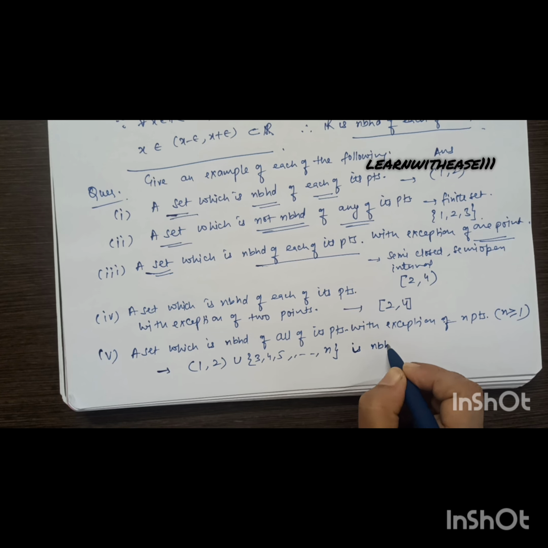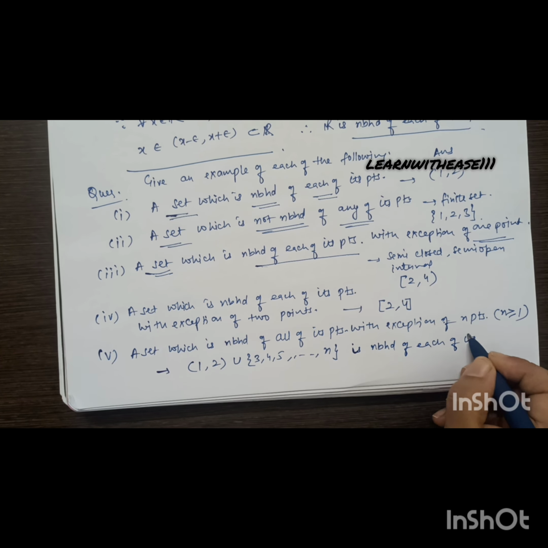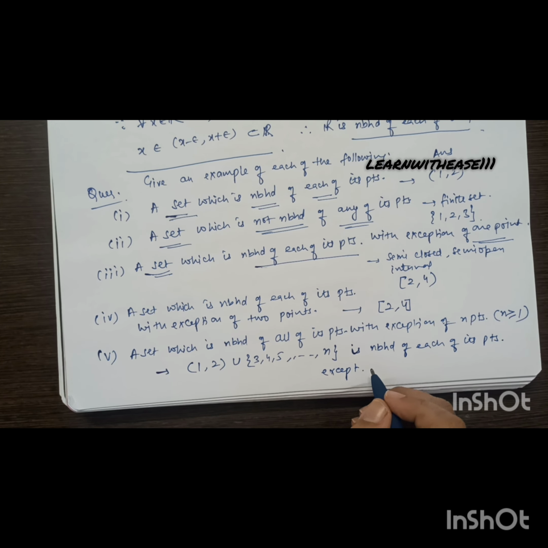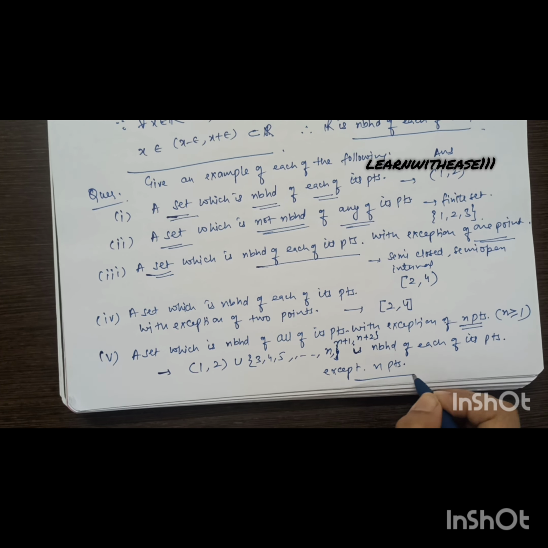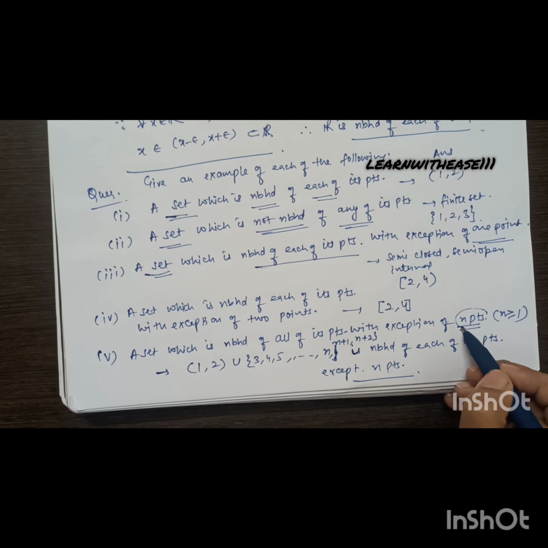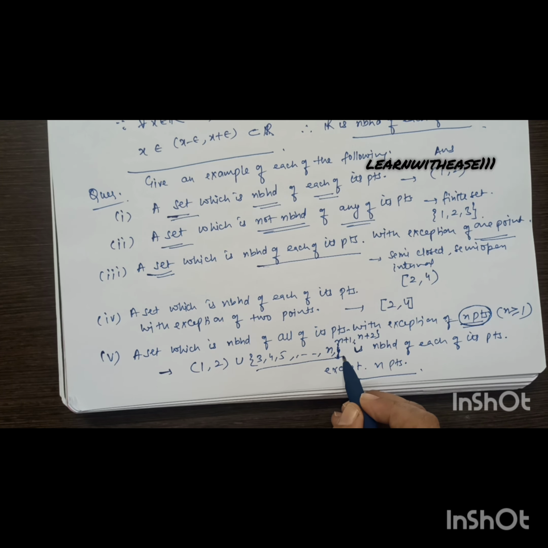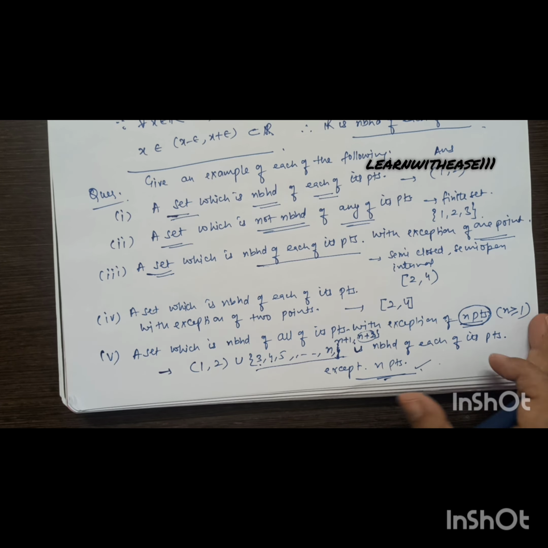So this is a neighborhood of each of its points except the n points we need to exclude. Here 3 to n are n minus 2 in number. I had to include 2 more points, n plus 1 and n plus 2, to make it n points in total. So I'll be taking 3 to n plus 2, so that I can exclude n points in all.